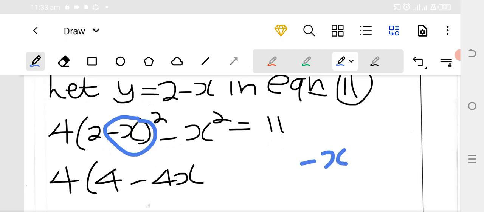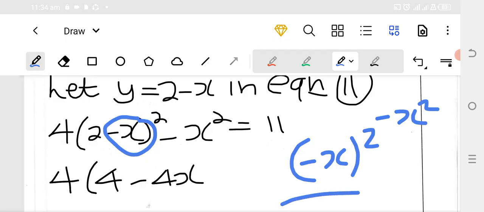A negative number or a variable, you always put it in brackets, then you square it. Otherwise, when you write it like this, actually you're going to find something else. So write it like this.